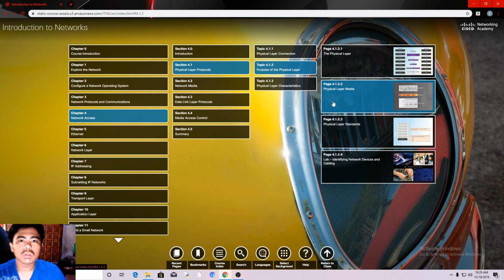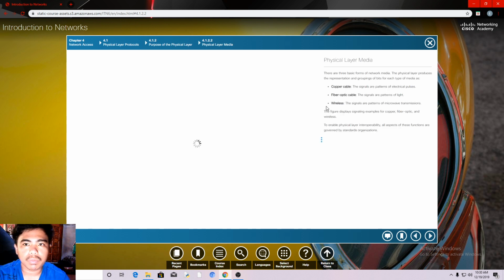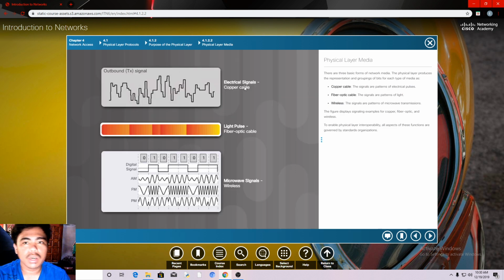Let's go to the purpose of the physical layer. We have the physical layer media. Here we have the different physical layer media: electrical signals over copper cable, light pulses over fiber optic, and microwave, which is wireless. I have here the pros and cons of this media.